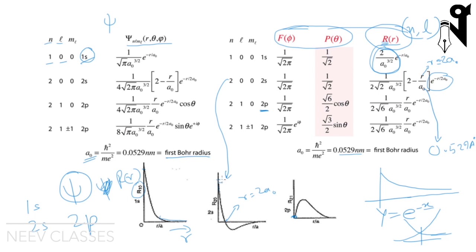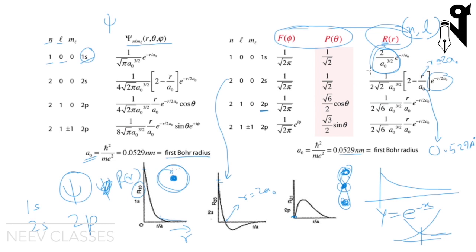They will not be at the nucleus because of other reasons, which we'll discuss in a while. But an electron in p will never be at the nucleus just because there is no probability density at the nucleus for those electrons. The probability density is mostly here and here. But for an s, there is a big probability density of it being at the nucleus. Then why it is not at the nucleus, we'll look into that.